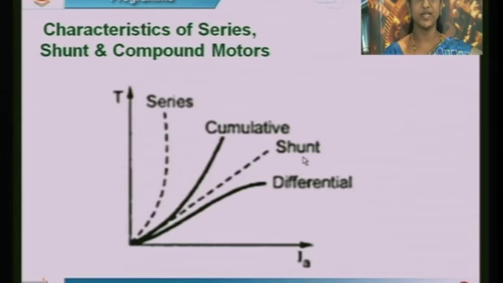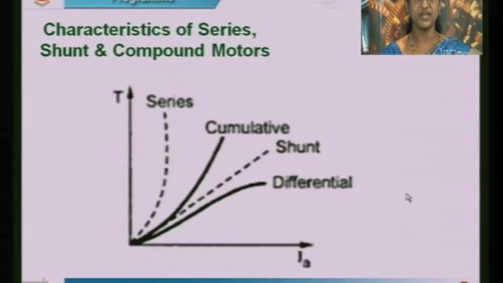TA is directly proportional to IA square in a DC series motor, and TA is directly proportional to IA in a DC shunt motor. In a cumulatively compound motor, the flux produced by the series winding and the shunt winding are in the same direction. That is why you get this torque versus IA characteristic of the cumulatively compound motor.